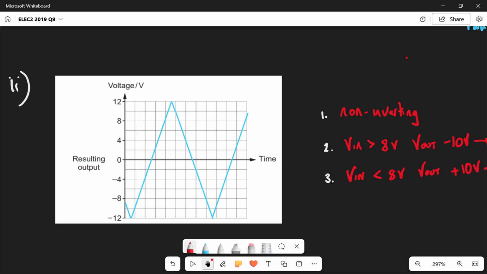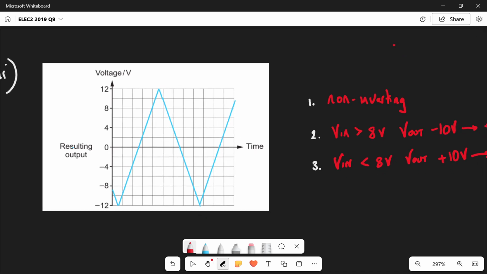And things that I need to remember as far as drawing this graph is concerned is that it's a non-inverting Schmitt trigger, right? That means that you need to go to the upper value in terms of switching in order to switch it from your lower value to your higher value for the output, and vice versa.